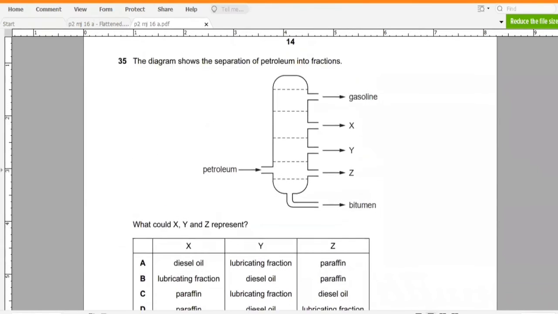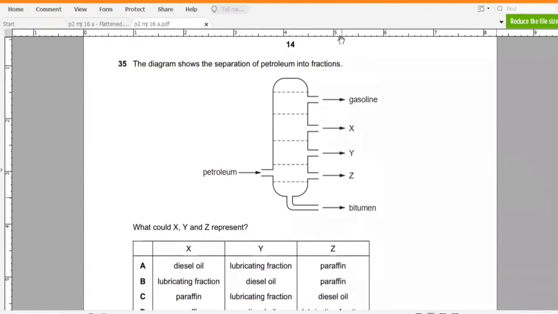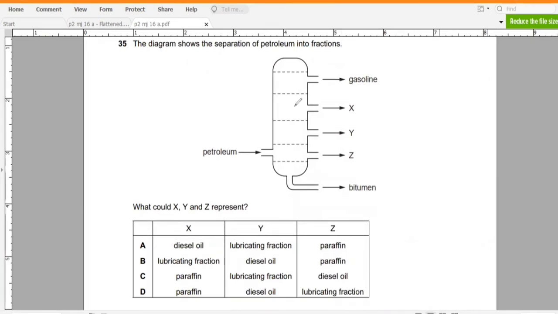35. The diagram shows the separation of petroleum into fractions. So remember it. These fractions are actually petroleum products to be generated. Here we use gasoline and X, Y, Z. As they are higher up, they will be lighter.